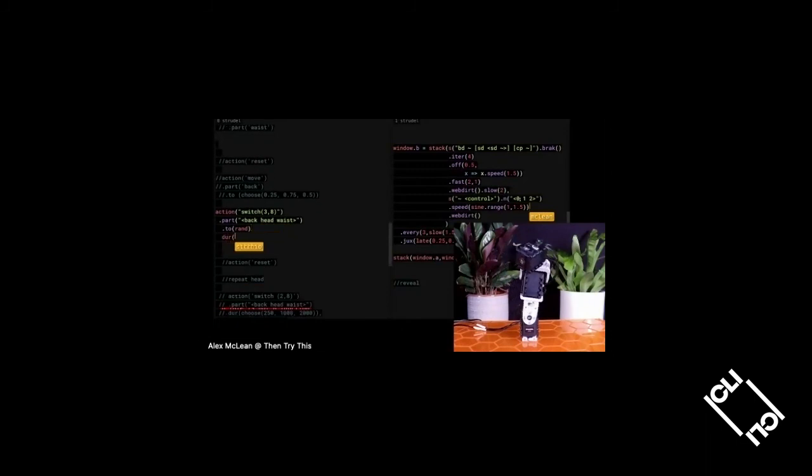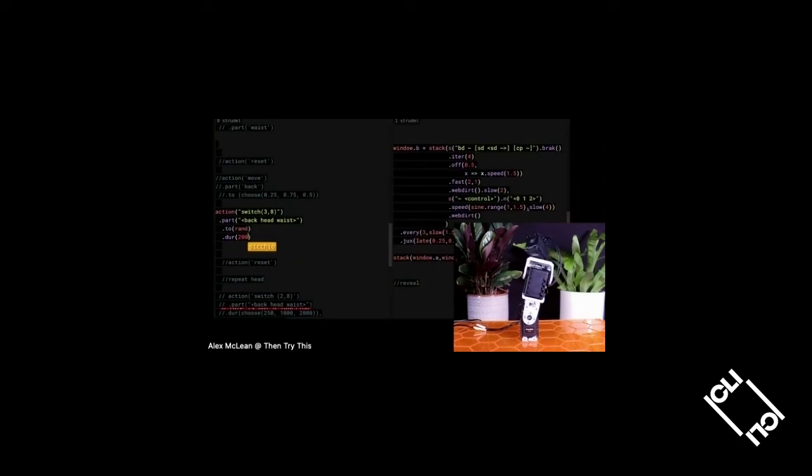Switch your head. Switch your waist. Switch your waist over 0.2 seconds. Switch your back over 0.2 seconds.